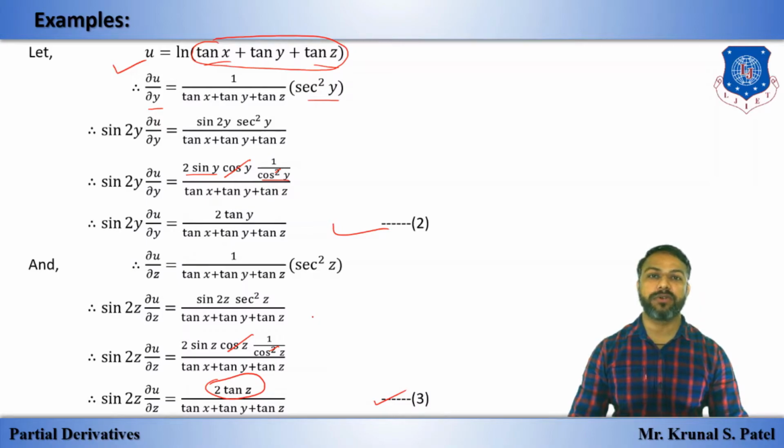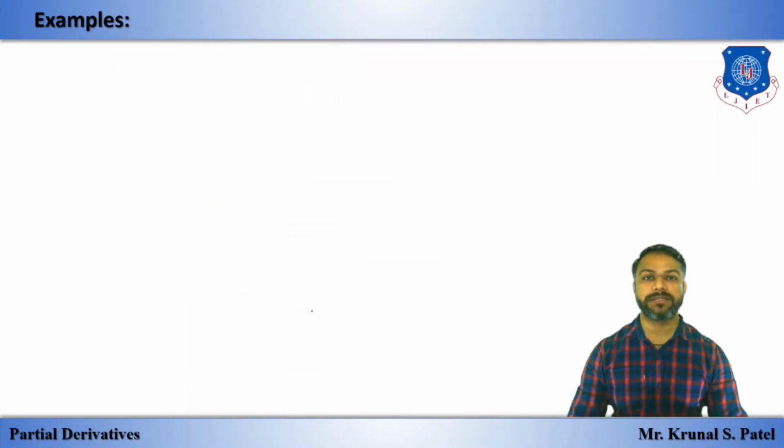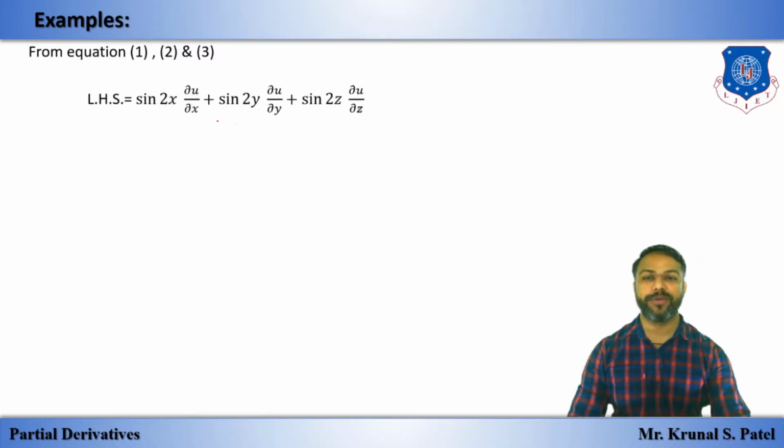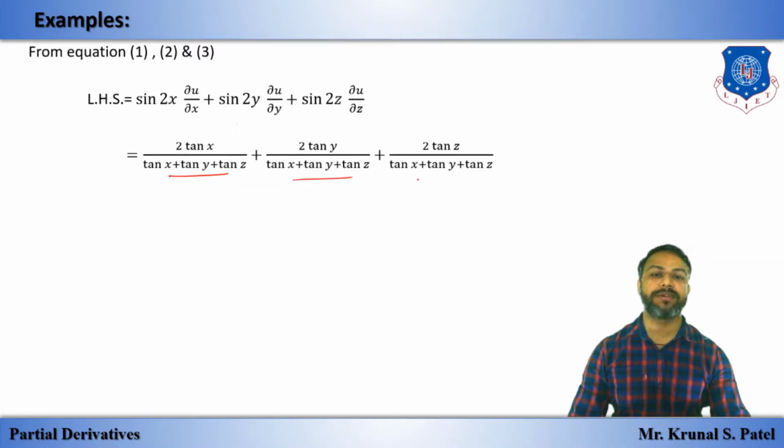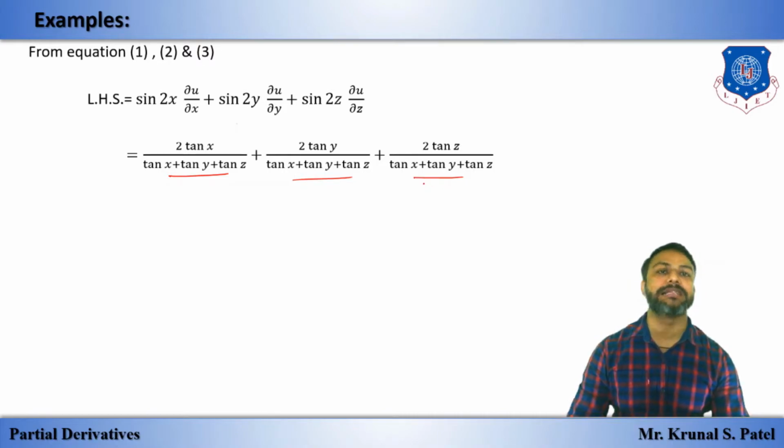So now we have all these three values. Just we will put the values of equation number 1, 2 and 3 in the left hand side of the question. So these are the three values of sin 2x into del u by del x, sin 2y into del u by del y, and sin 2z into del u by del z.